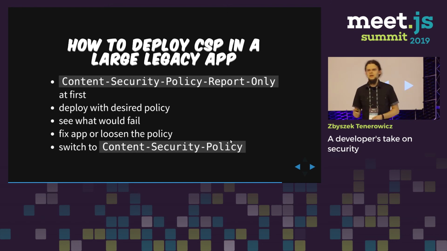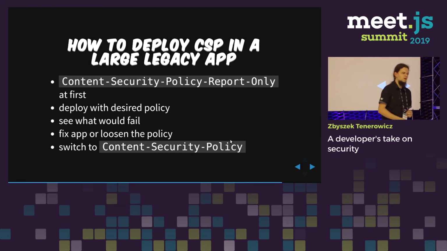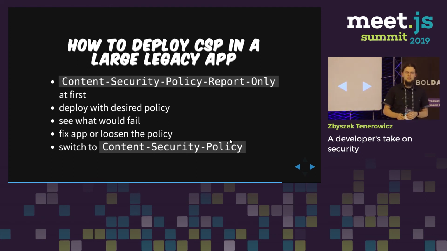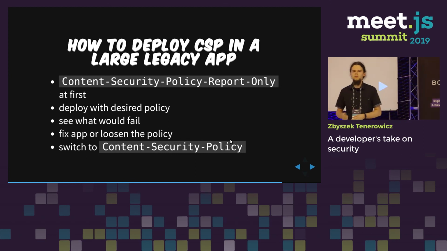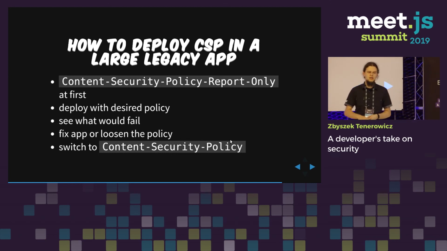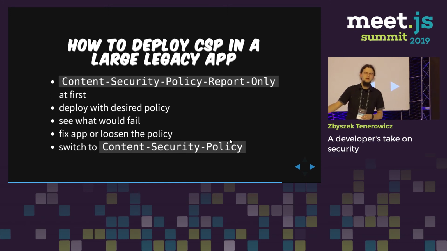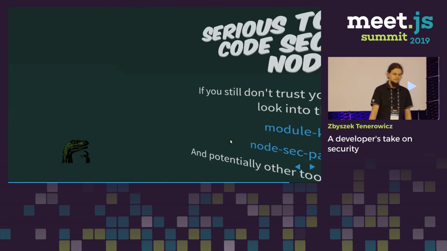So take that into account. It should be separate in case it gets overwhelmed with traffic from the browsers. You're going to see a lot of weird reports initially. And then when you're sure you're ready, you're not getting any reports from your own code, you can switch to the content security policy header. That's going to be healthy.